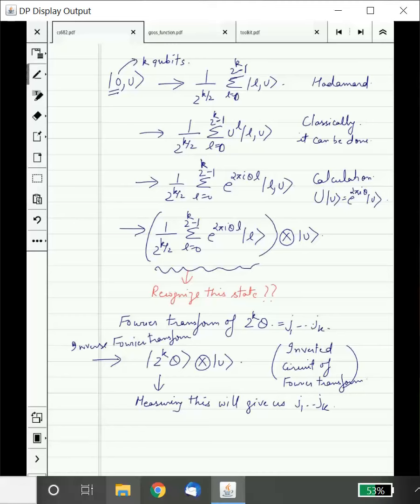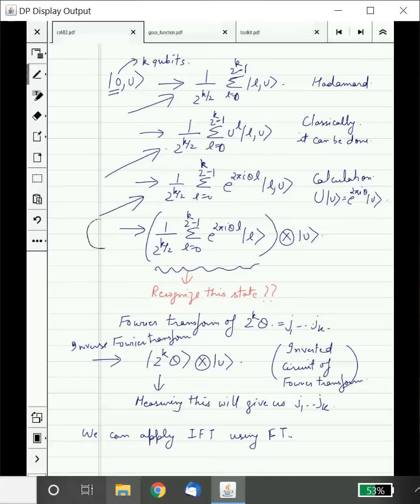It should not be hard for you to see that we can apply IFT using the Fourier transform. This completes the description of the algorithm. A very, very simple algorithm which takes the complete superposition, then applies the unitary according to the first register, and then some bit of calculations.